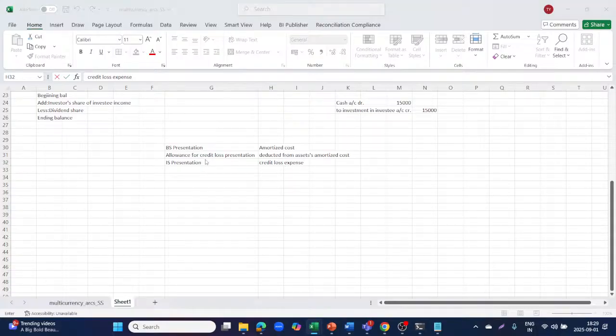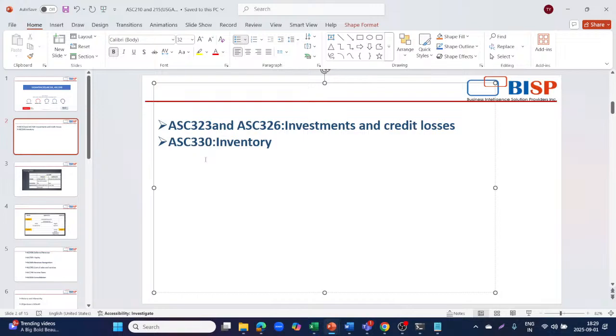Okay, now jumping on to accounting standard codification 330. Even before moving ahead, in accounting standard codification 326, we have various topics covered like credit losses, comparison of loss models, and the presentation and disclosures as we just discussed. Under the incurred loss model, we focus on incurred losses only, and it considers the current economic condition.